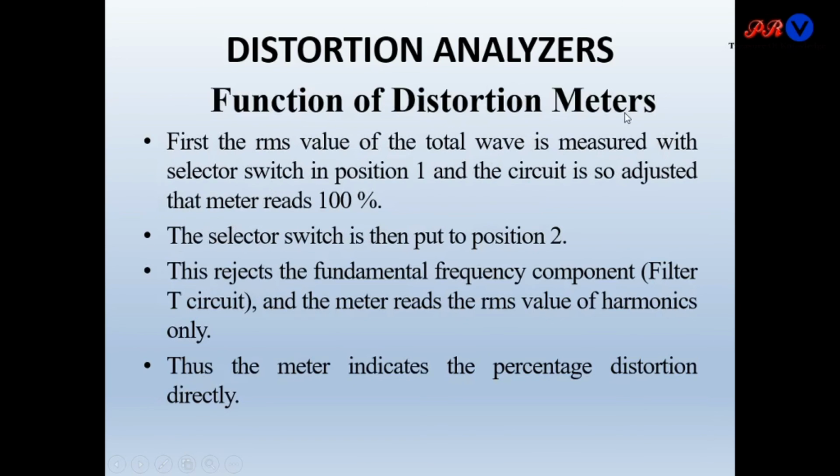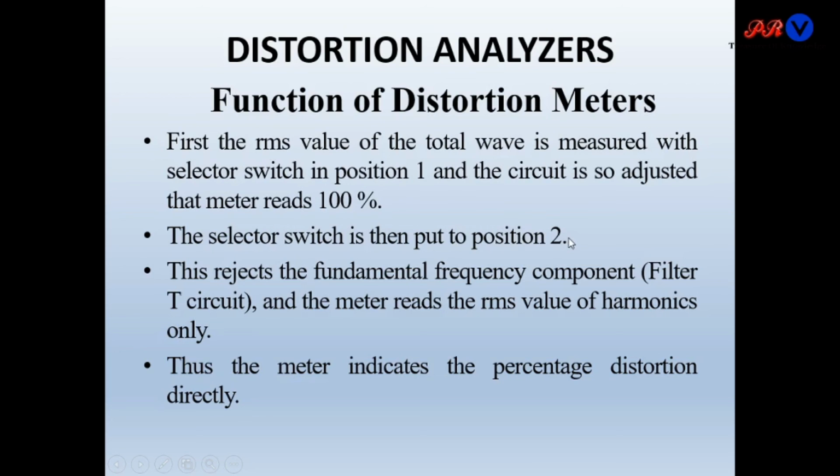Function of the distortion meter. First, the RMS value of the total wave is measured with the selector switch in position 1, and the circuit is so adjusted that the meter reads 100%. Then the selector switch is put to position 2.